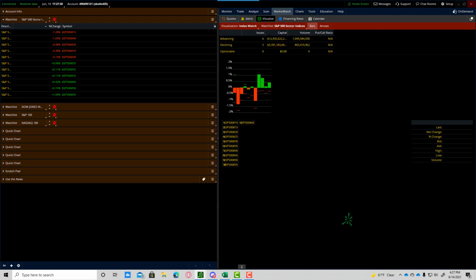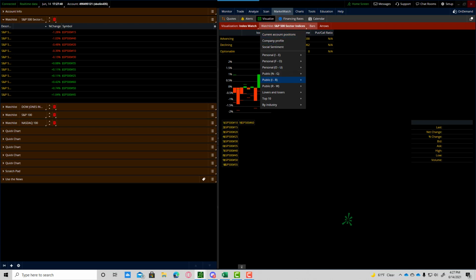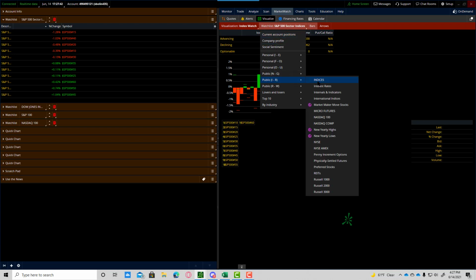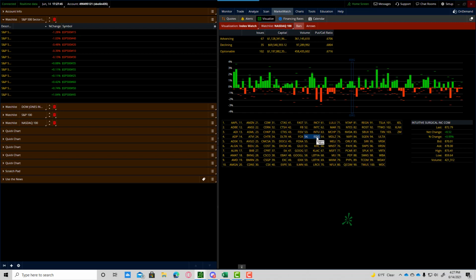To get a better idea of what might be in here, come over and look at Market Watch, bring up the Nasdaq 100, and you can see some of the names in this list: Apple, Adobe, Autodesk, Baidu, Google, Fox, Kraft Heinz. Now we know Kraft Heinz has nothing to do with technology, but it's still in the Nasdaq. There's no financials in here, not in the Nasdaq 100.